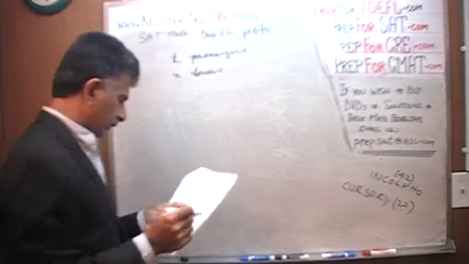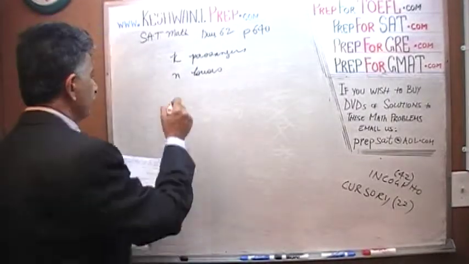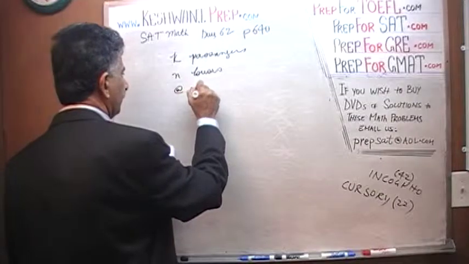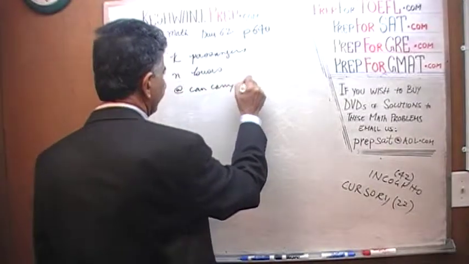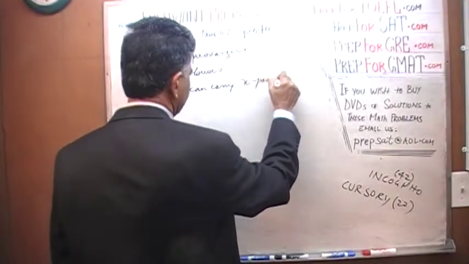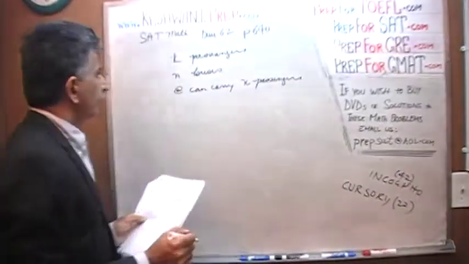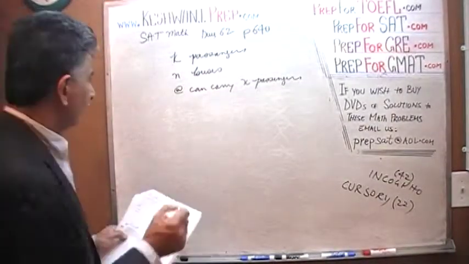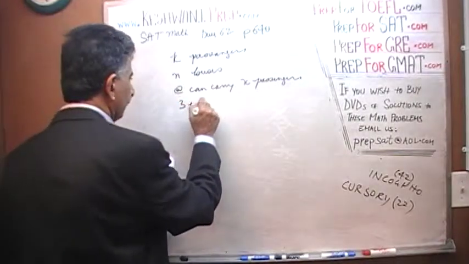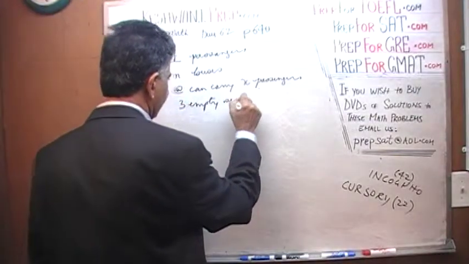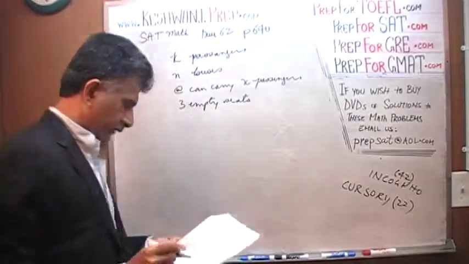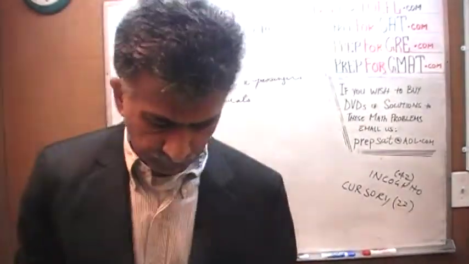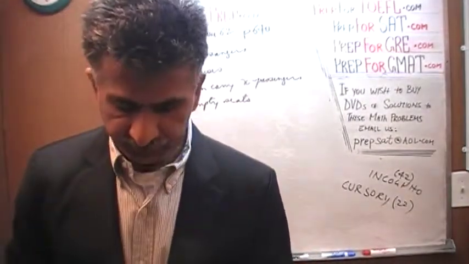Each bus, we are told, can carry a maximum of x passengers. And we are further told that one bus had 3 empty seats. The question simply is, what's the relationship between these variables, n and x and k?